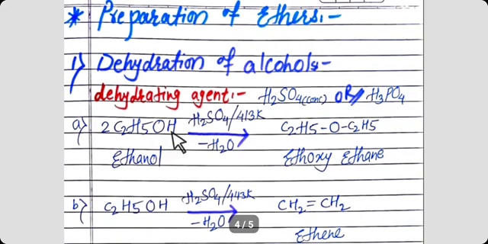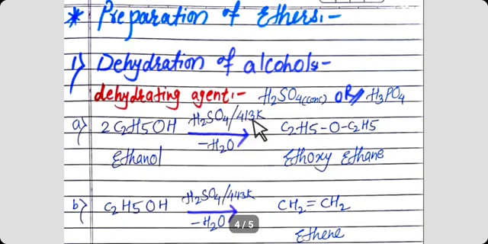The hydrogen atoms react with oxygen, forming a water molecule, which is the byproduct of the reaction, and the 2 ethyl groups attached with oxygen form ether. It is nothing but ethoxyethane, the simple ether which is formed at 413 Kelvin.